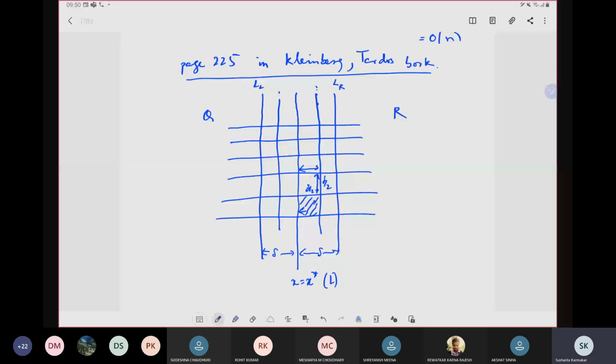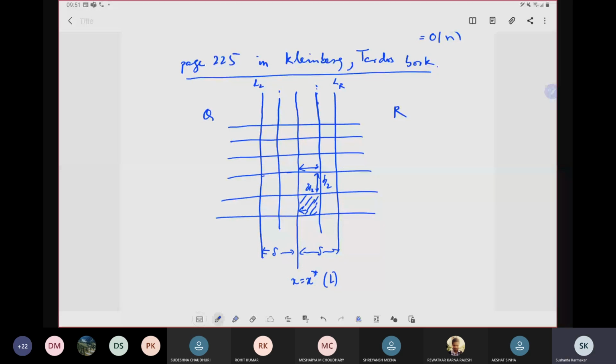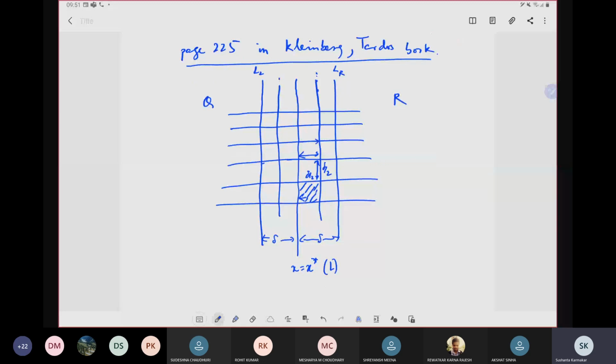Once I have this imaginary partitioning, I have an interesting point. If you consider one box, its length is delta by 2 and its breadth is also delta by 2. So what is the diagonal of this box?